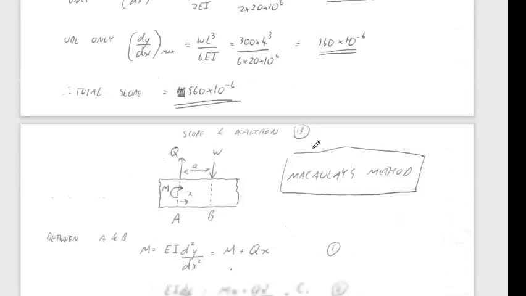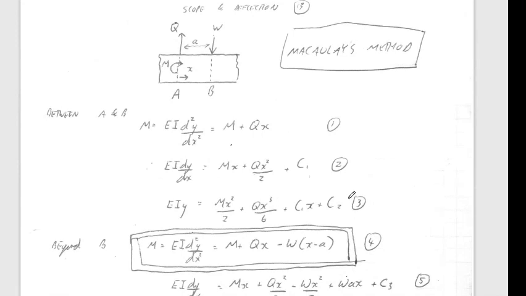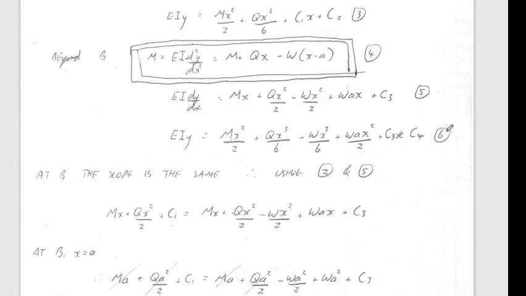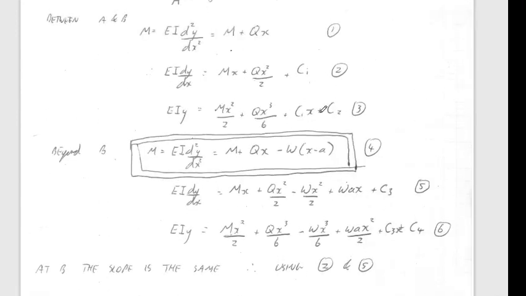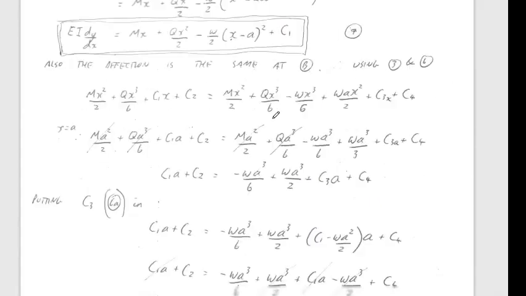We also know that the deflection at position B should be given by equations 3 and equation 6. So let's now equate those and say that X equals A. So that's what we're doing here. So we've equated those. We've said that X is equal to A.